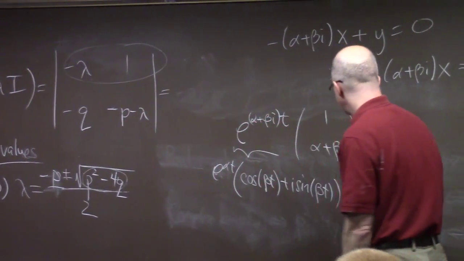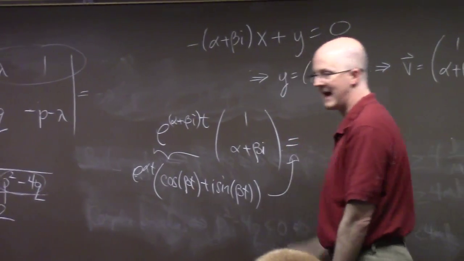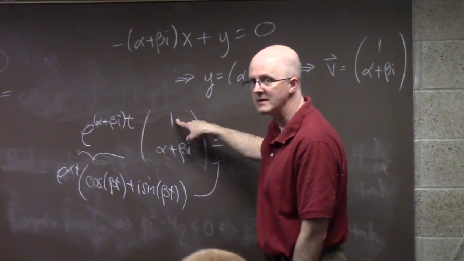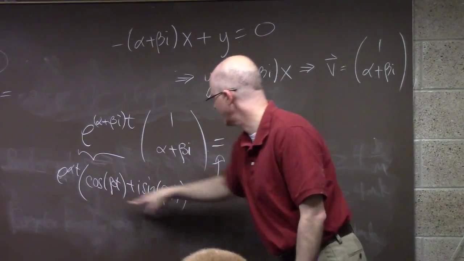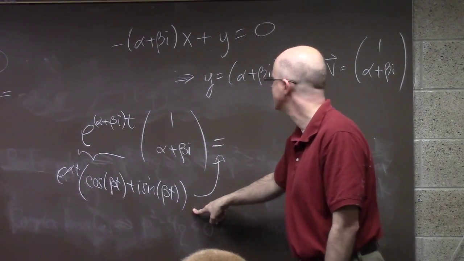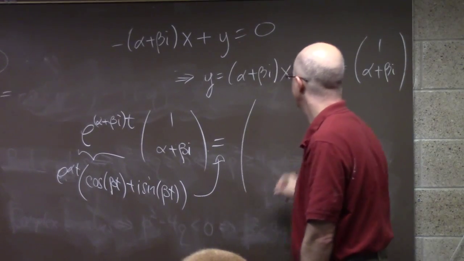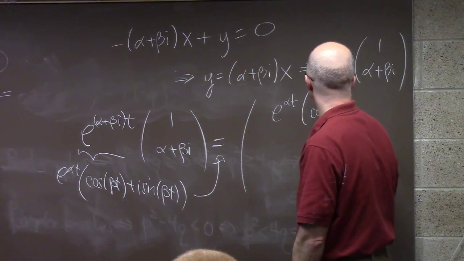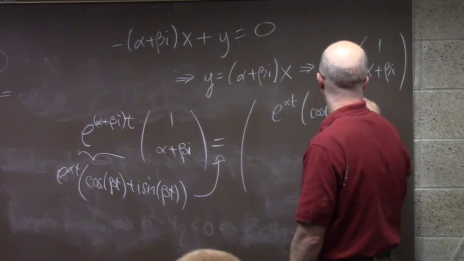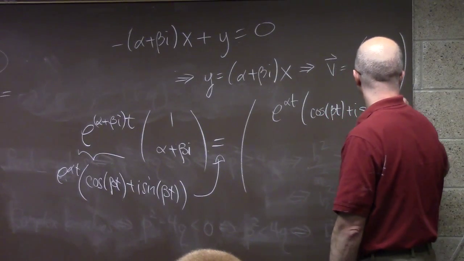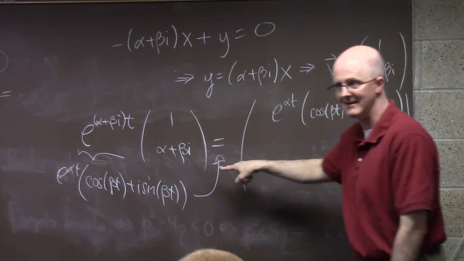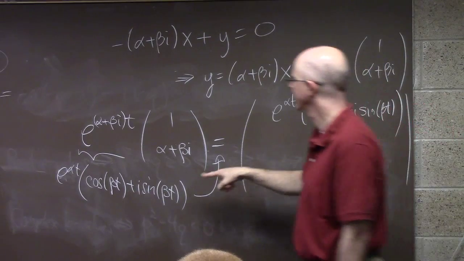What's going to happen when I use that here? Well, that's just a 1 there, so on the top I'm just going to get this whole thing. I think I'll leave the e to the alpha t outside the parentheses again. What about when I multiply times that? That's the trickier one.